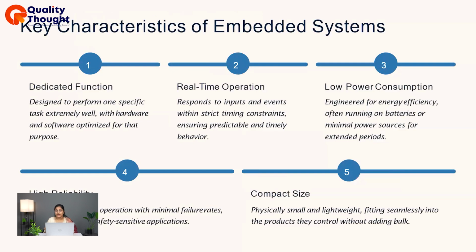It does this based on real time operation. Then low power consumption: embedded systems run on low power, like batteries or a low power supply. Also compact size and high reliability. These are the main key characteristics to consider, and why embedded systems are very useful.